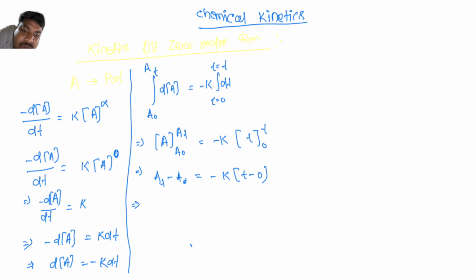Okay. So I can write like that, A_t minus A naught equal to minus k t. You can rearrange it to write A naught minus A_t equals k t. So what is this?